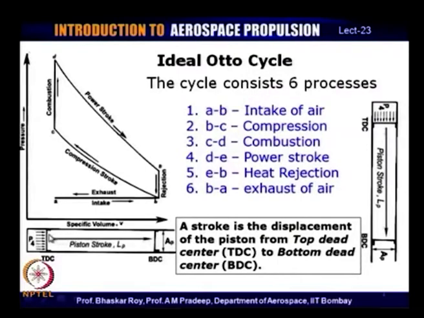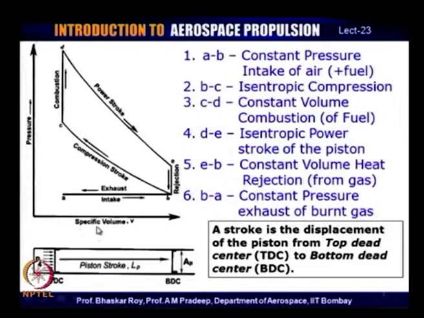As it moves, the air which had come in and got captured inside this volume gets compressed to a much smaller space, and the piston creates a very small space within which the air is entrapped and compressed.